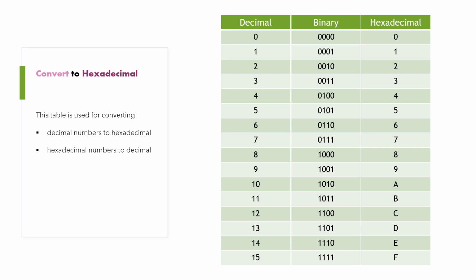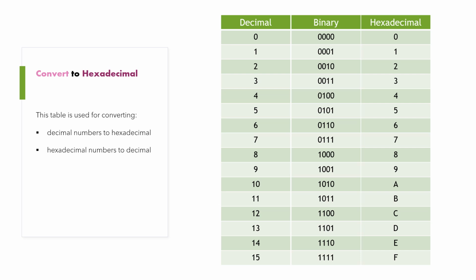The table shown here has 3 columns. This table is being used to convert binary and decimal to hexadecimal and vice versa. The three columns are named decimal, binary, and hexadecimal. Under decimal, there are 16 numbers written, 0 through 15.